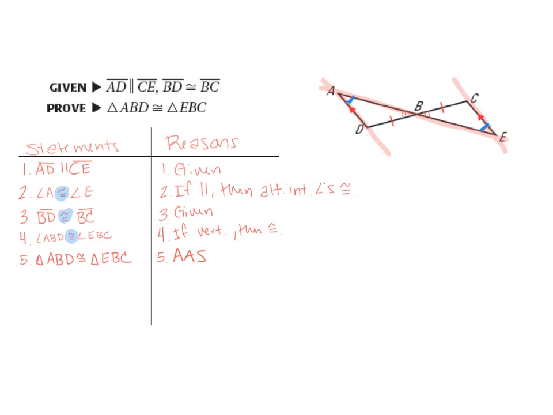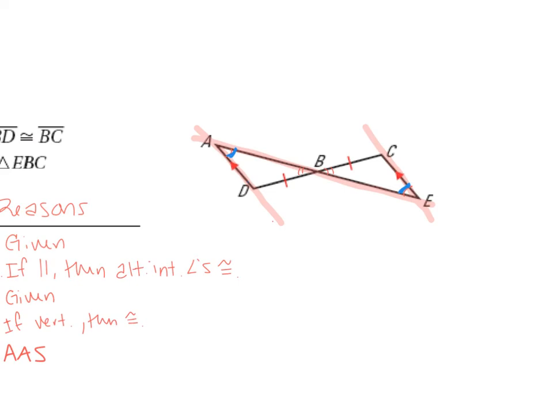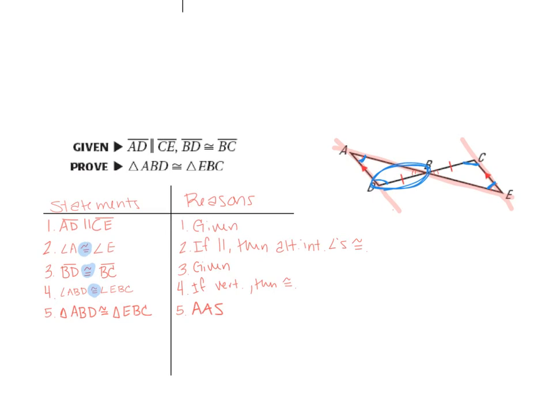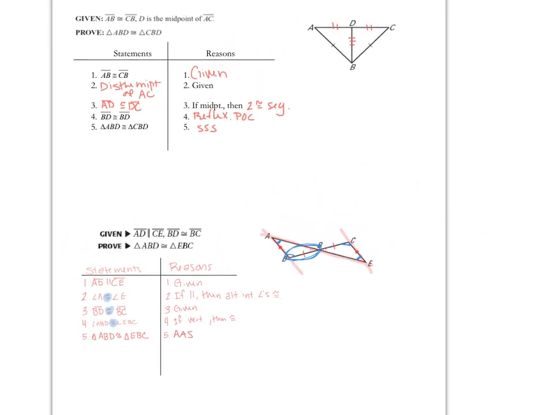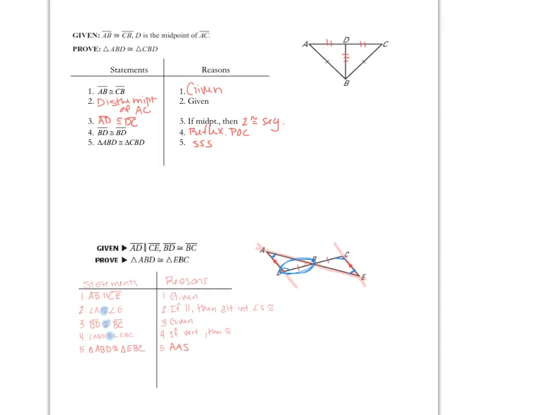And either one would have been correct, and then you would have had angle, side, angle. A few of you might have done angle, side, angle if you would have done D and C instead, in the vertical. So if you would have done that, that would have been angle, side, angle. So proofs, you can do a lot of correct ways and a lot of incorrect ways, but a lot of correct ways could be correct.